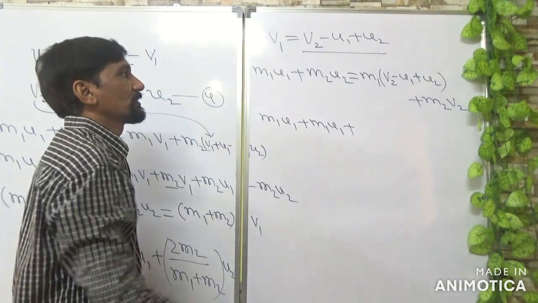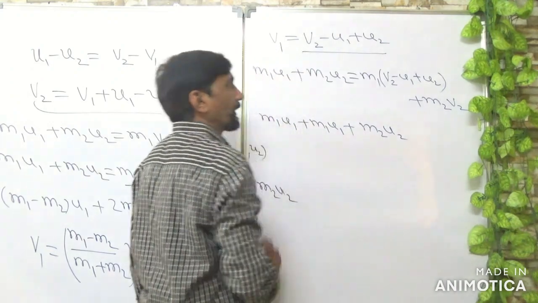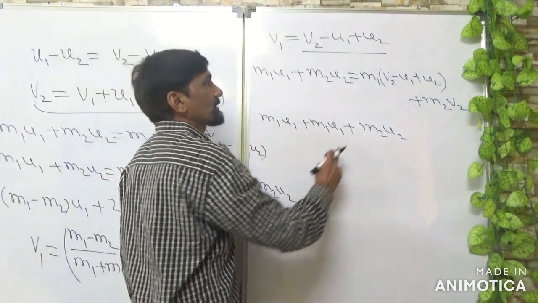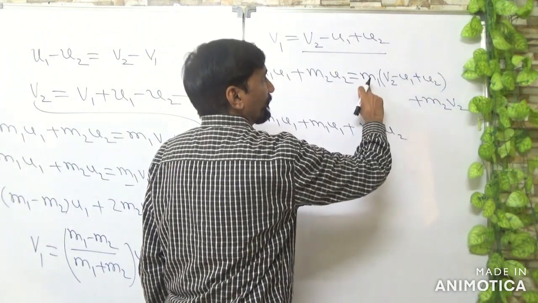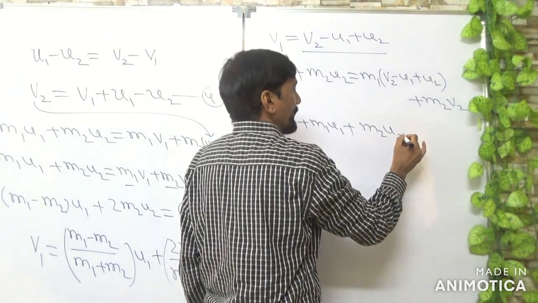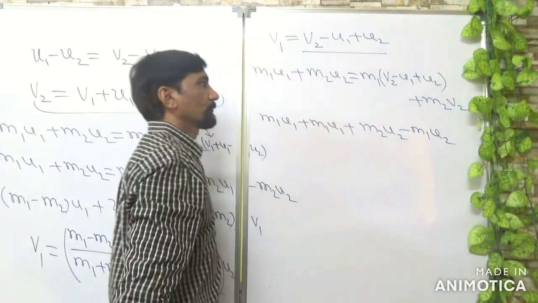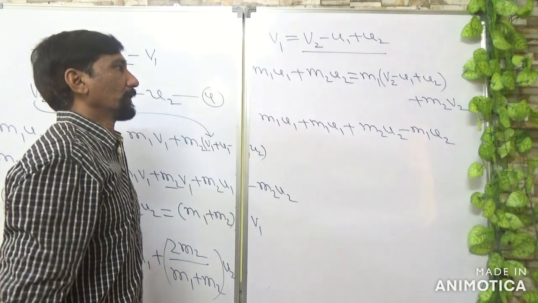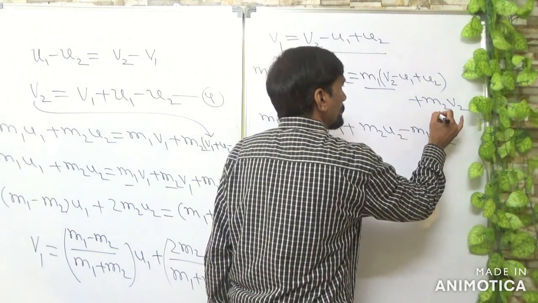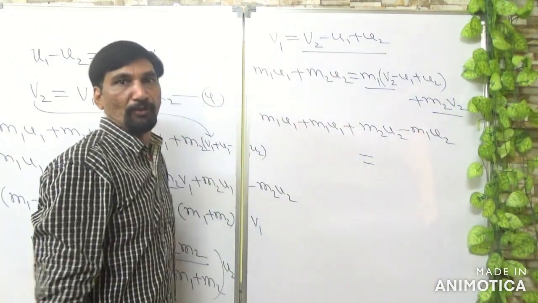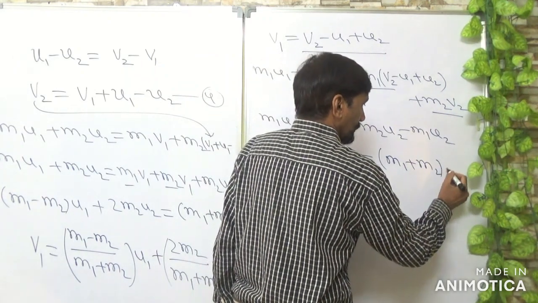Next, m2 u2, and m1 u2 taken to the other side becomes minus. Now v2 is common, so you can write m1 plus m2 into v2.